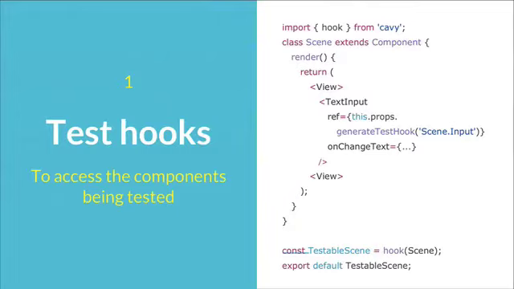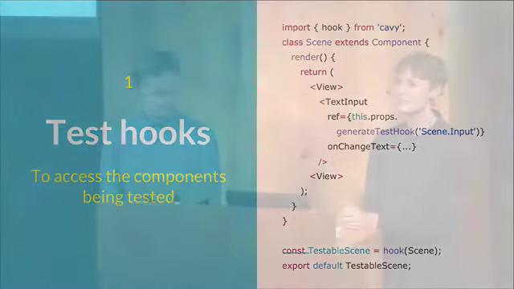You pass it in as the ref; here we're passing it in to the text input component, which is the one we'll be wanting to test. This function takes a string identifier. In this case, we've called it scene.input. But you can really pass in anything there. It's just the string that you'll then use to refer to your component in your test files.